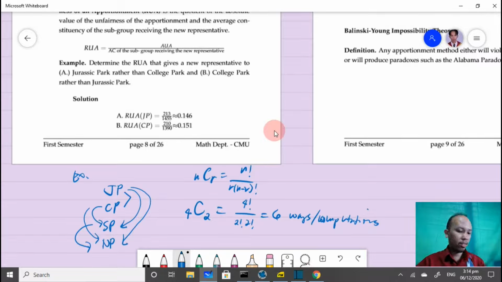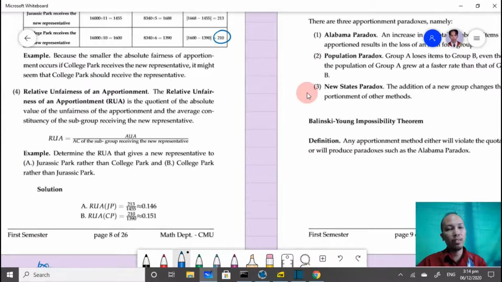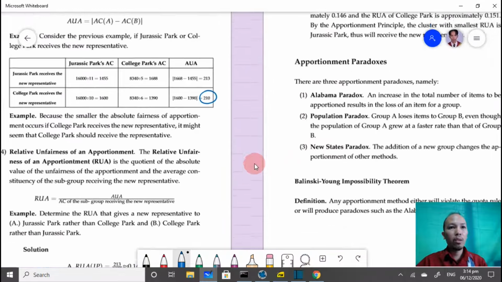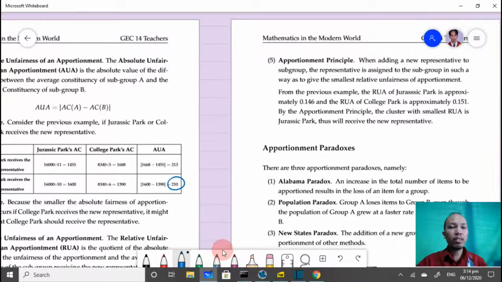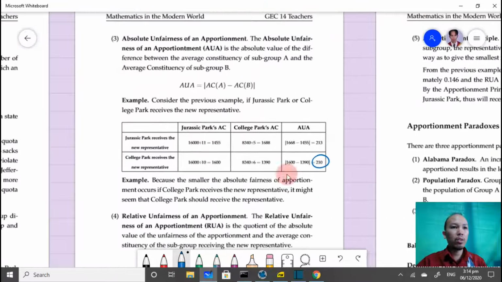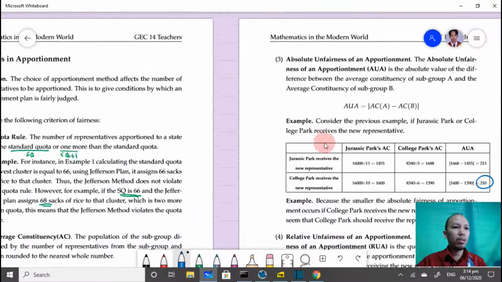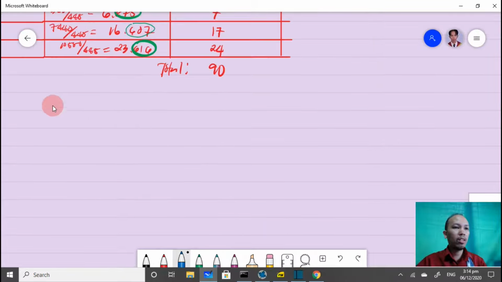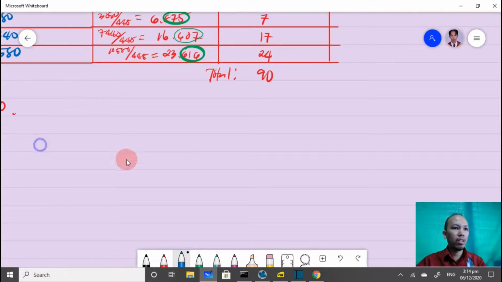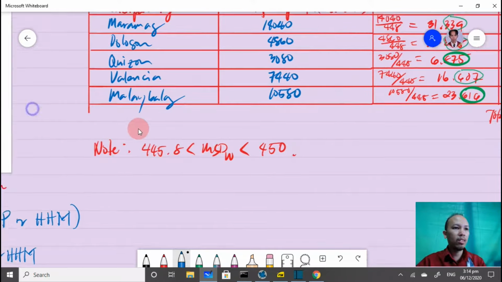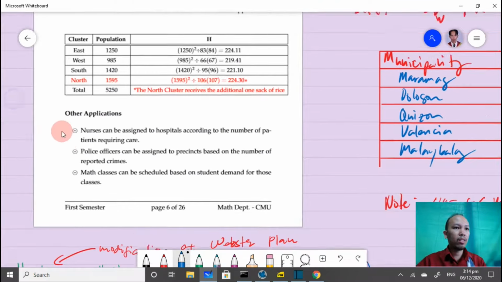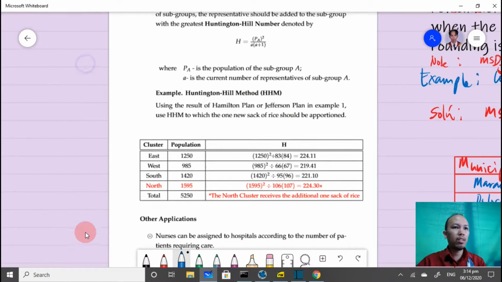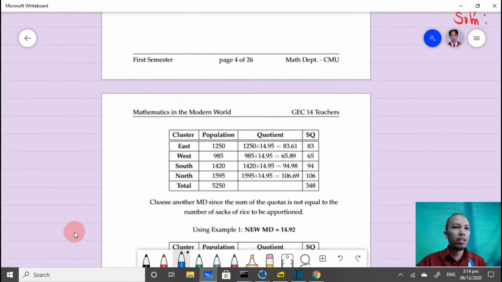Luckily, there's a way. We will be using the so-called Huntington-Hill number.